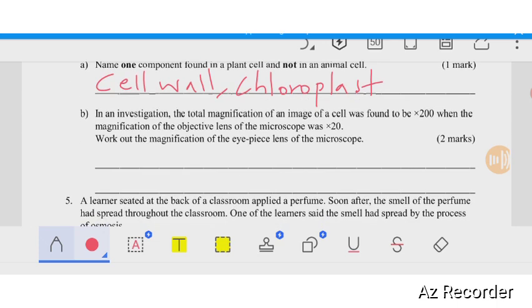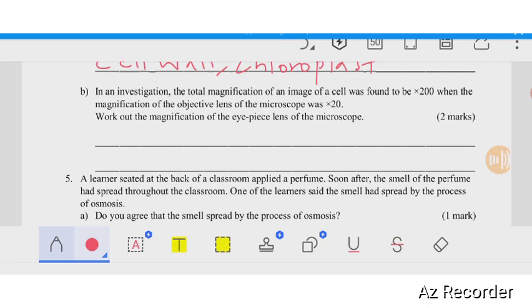The next question. In an investigation, the total magnification of an image of a cell was found to be times 200. When the magnification of the objective lens of the microscope was times 20. Work out the magnification of the eyepiece lens of the microscope. So you need to know the formula for total magnification.